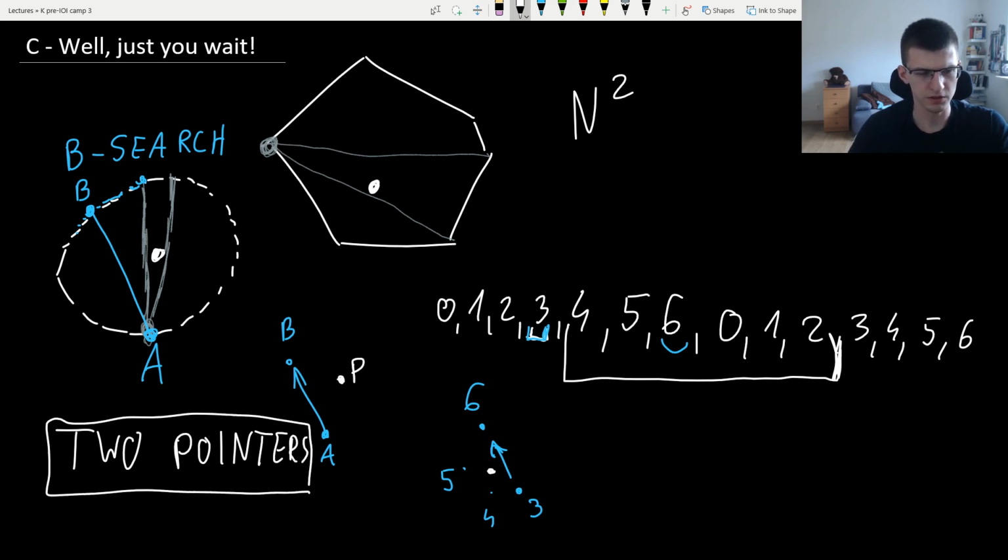We use two pointers, and that is, again, just for any big polygon, if the point is here, if for this point I see that this is the last diagonal that is on the left from the point, then for the next point it will be diagonal to the same point, or maybe the next one, something like this.